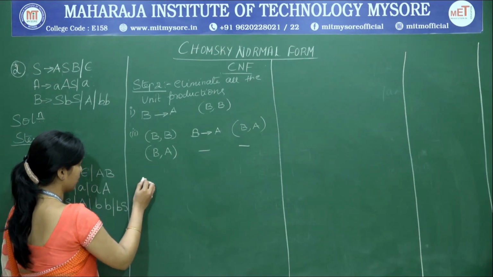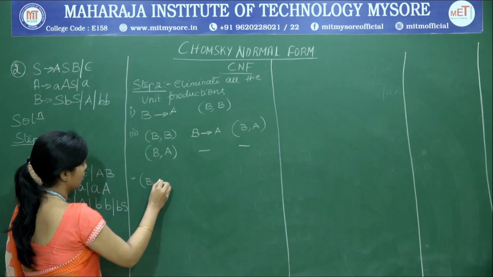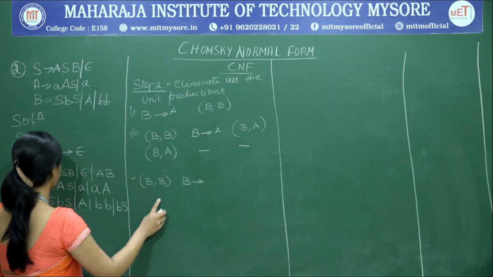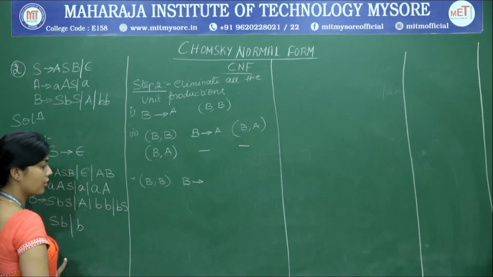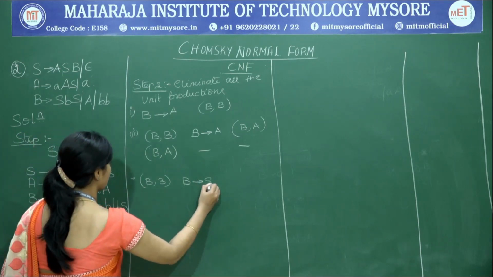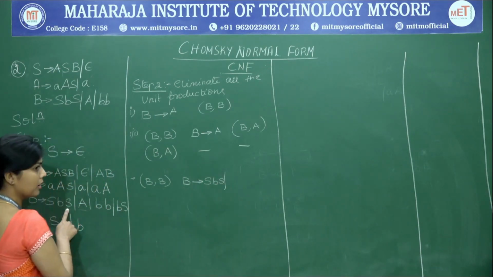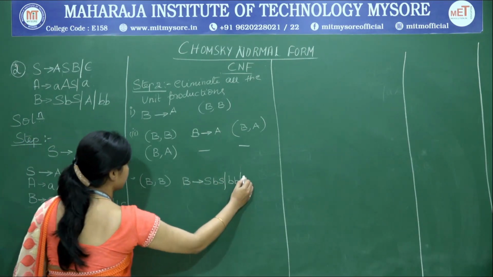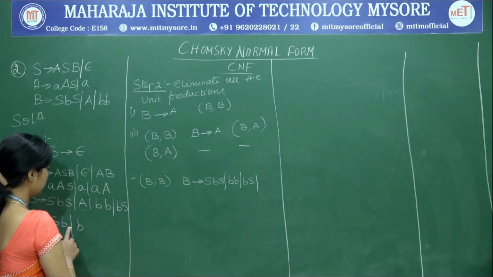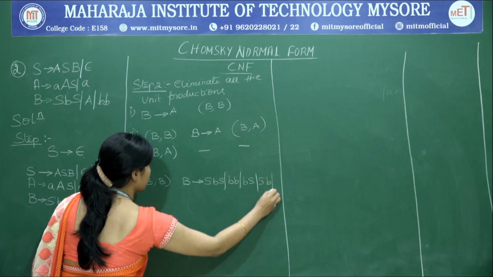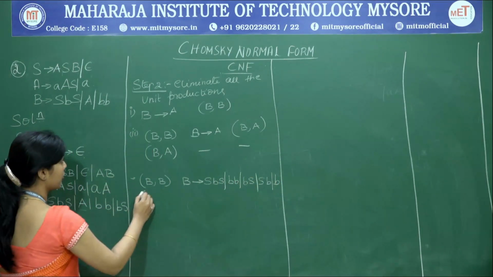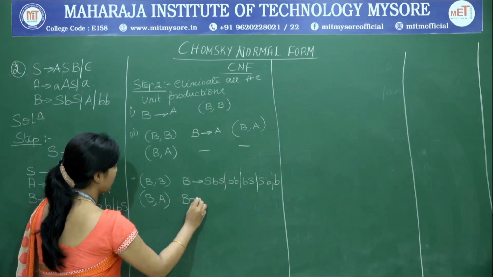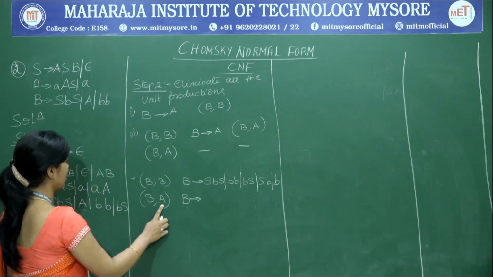Next we are going to make the substitution. First we will consider B comma B, and we will write B goes to B's non-unit productions. B has got several non-unit productions and we are going to list out everything. So it is SBS, the first one, next BB, then we have BS, next we have SB and B. Next we have the unit pair B comma A. So we are going to make the substitution B goes to A's non-unit productions.